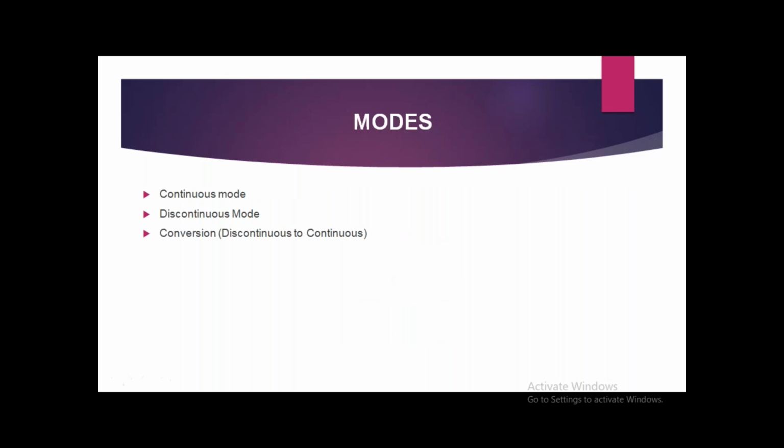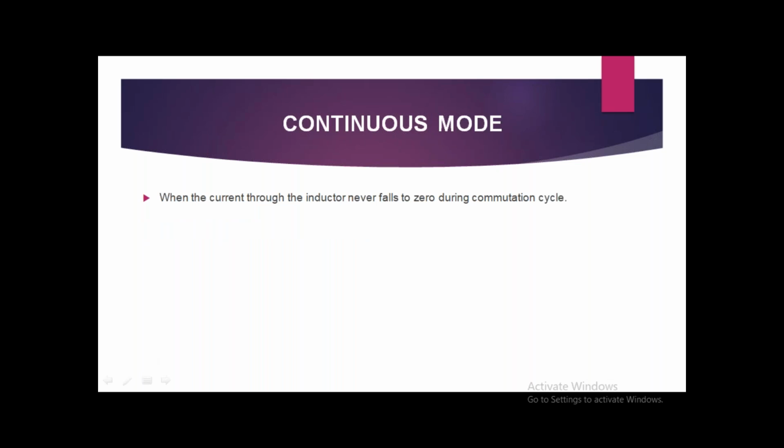Now, this has several modes: continuous mode, discontinuous mode, and the conversion between them, that is, discontinuous to continuous and continuous to discontinuous. A buck converter operates in continuous mode if the current through the inductor, IL, never falls to zero during the commutation cycle.